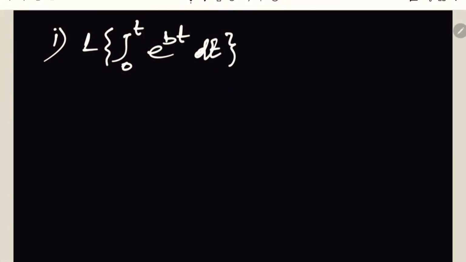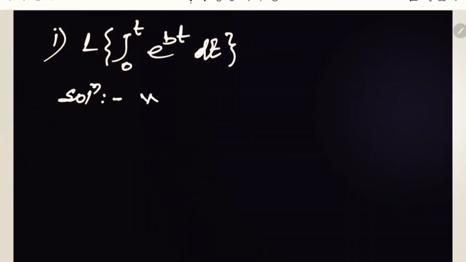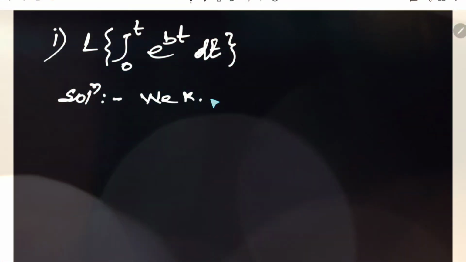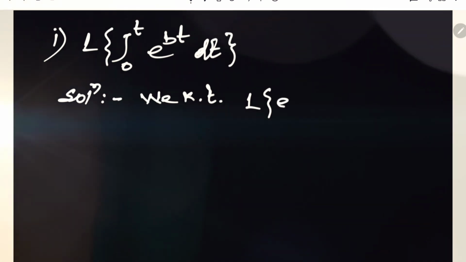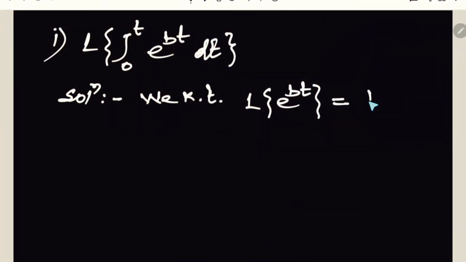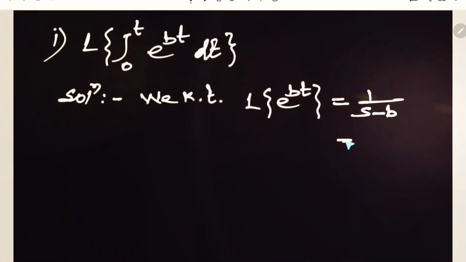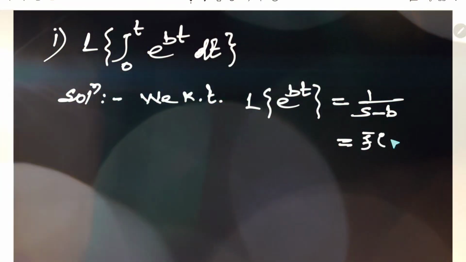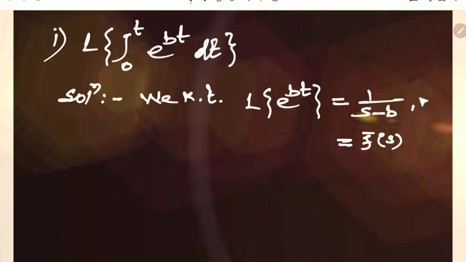First one, find the Laplace of integration from 0 to t of e raised to bt dt. First step, we have to find the Laplace of that function f of t. Here that function f of t is e raised to bt. As per the standard result, its Laplace is 1 upon s minus b for s greater than b, and we call this f bar of s.